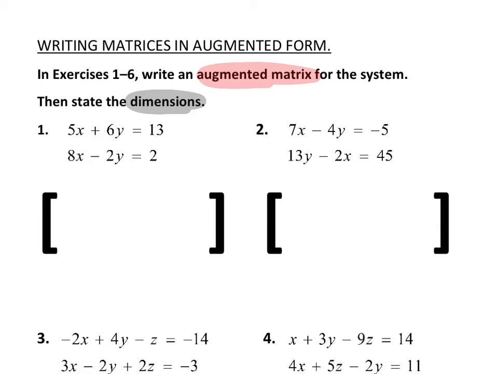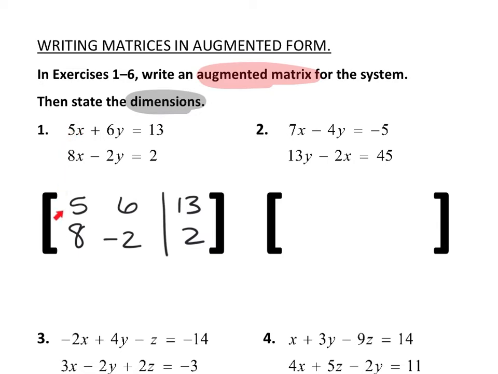All you need to do is take the standard form equation right here, and all of the numbers, you just pick them up and you put them in the rectangle. So watch. This matrix is going to be 5, 6, and 13. And then the next row is 8, -2, 2. Where did I get all those numbers from?